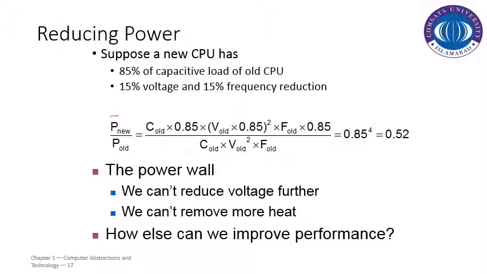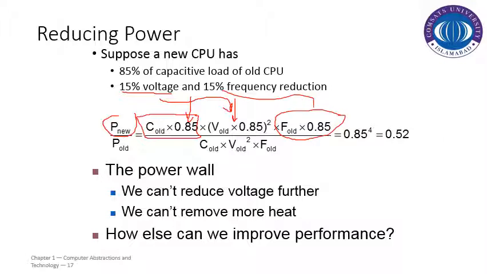The new power is computed as the capacitive load old multiplied by 0.85, since the reduction was 15%, times the voltage old multiplied by 0.85, since we also have a 15% reduction here, and multiplied by frequency old multiplied by 0.85, also the 15% reduction in the frequency of the old system.